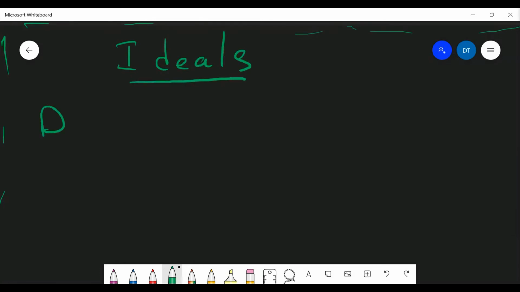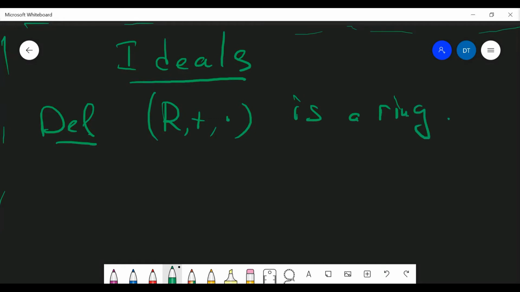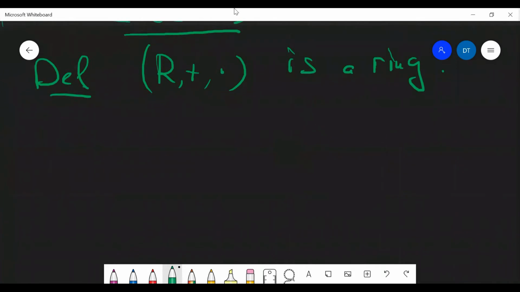Okay, first of all, definition. Suppose we have a ring. Now I want to define an ideal. Well, actually, there are 3 definitions.